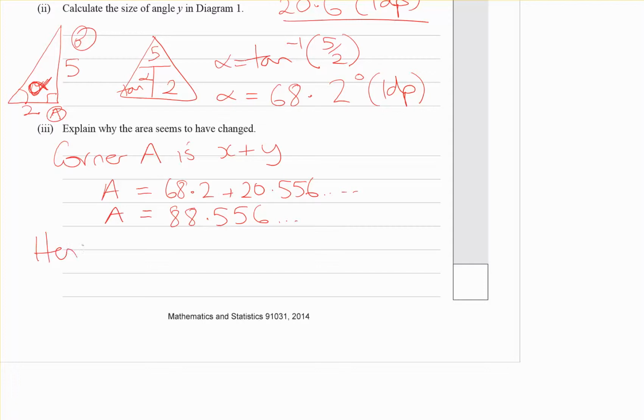Hence, A is not a right angle. So the shape is not a rectangle.